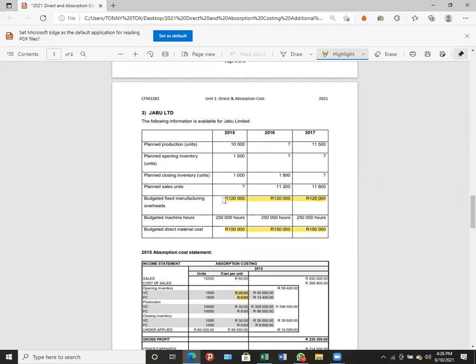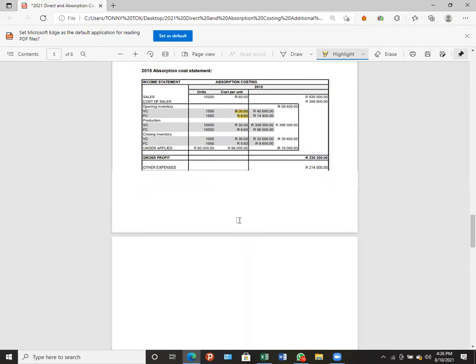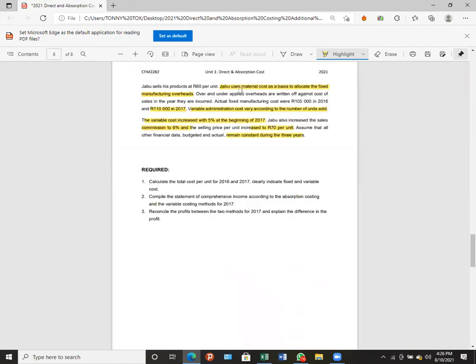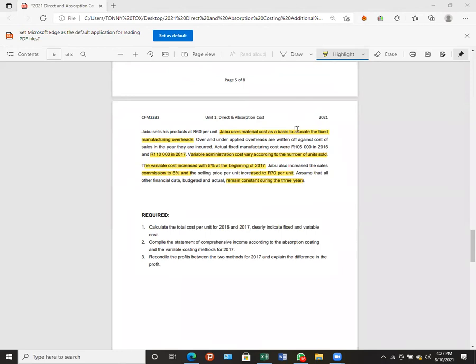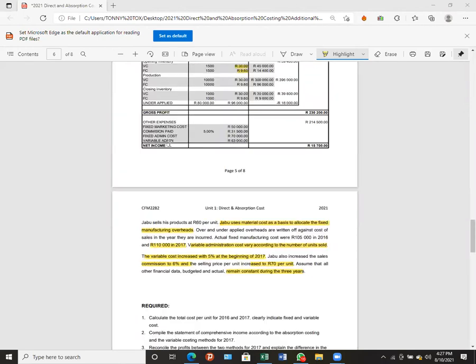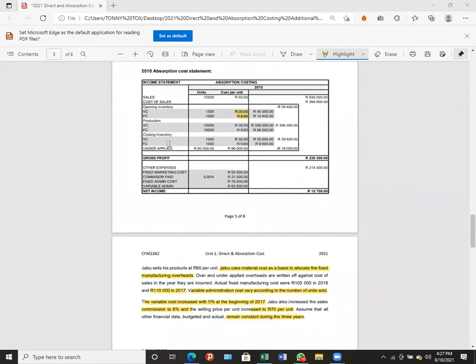The first step: if you get the information like this, we use the material cost as a base to allocate the fixed manufacturing overhead. This statement tells us that the fixed overhead is applied on the basis of direct material cost.